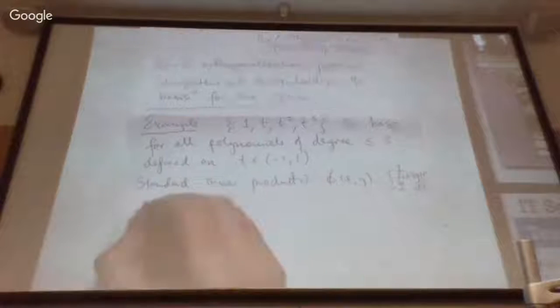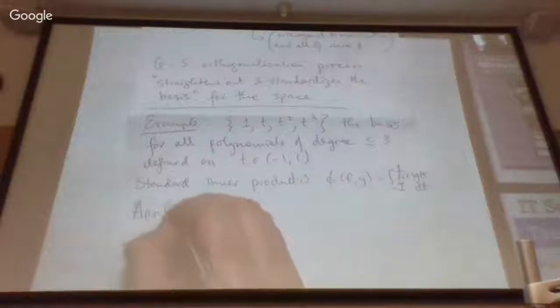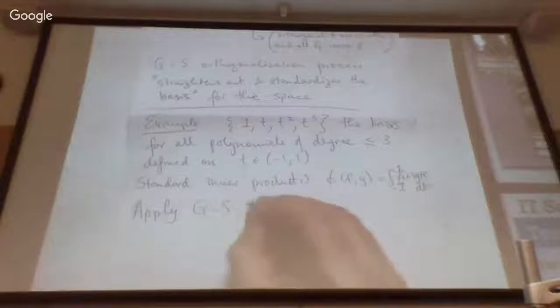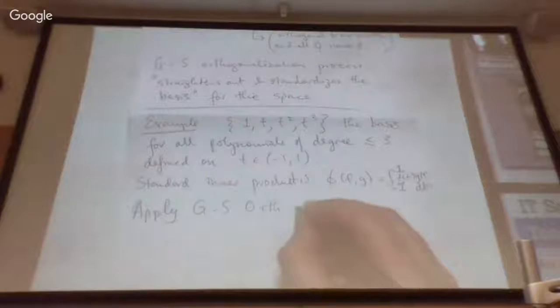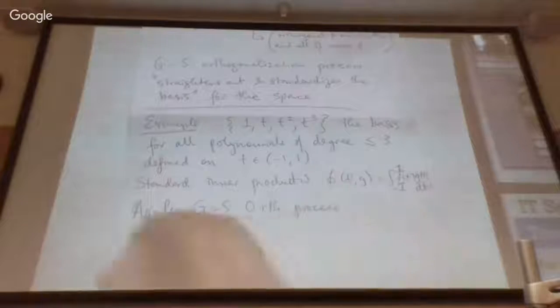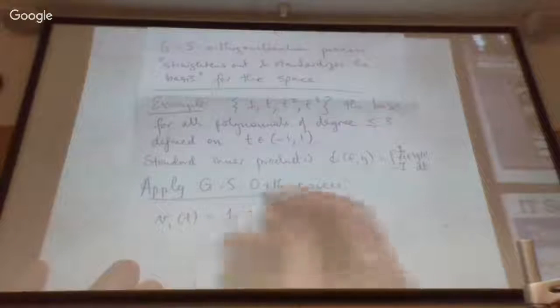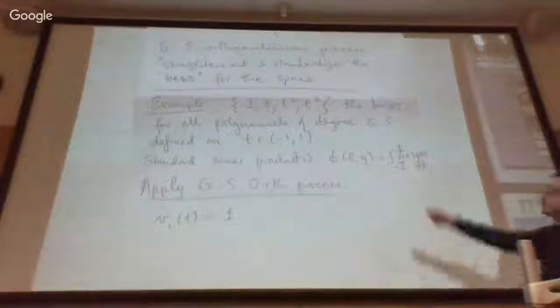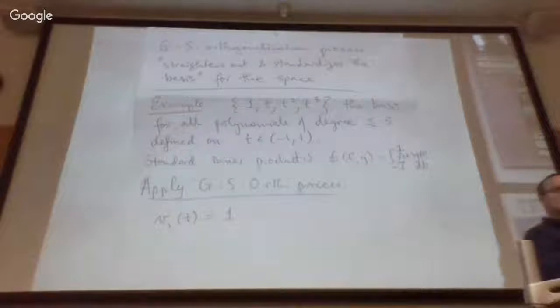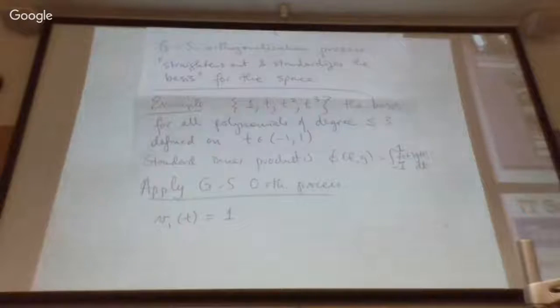So we can apply the Gram-Schmidt orthogonalization process. We get a new first basis polynomial, which is equal to the first basis polynomial that we started with. So V1 is the constant polynomial 1.